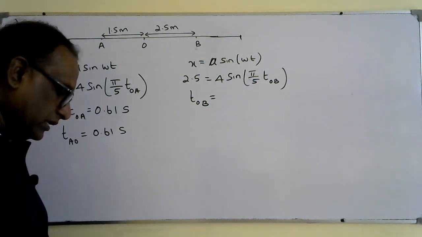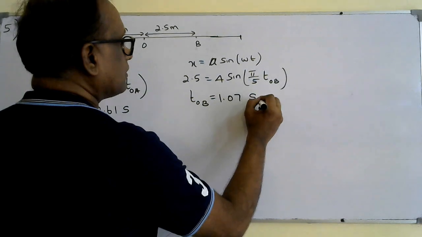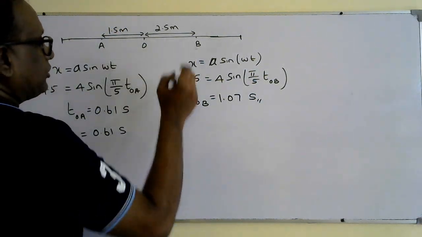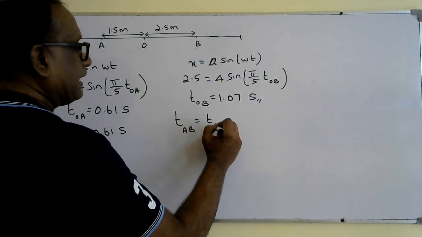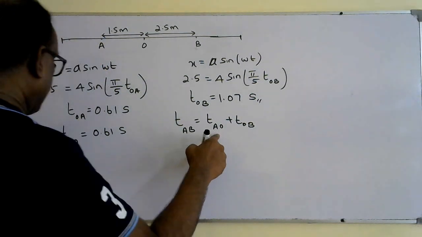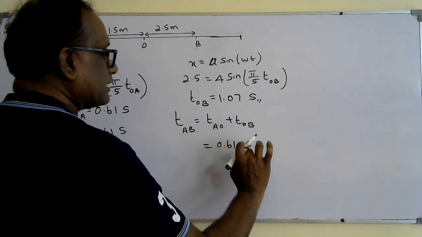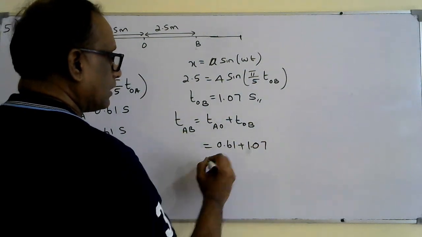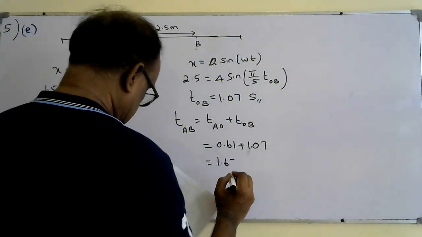Solve it, you will get 1.07 seconds. So the time from A to B is equal to time from A to O plus time from O to B. Time from A to O 0.61 plus O to B 1.07. Solve it, you will get 1.68 seconds.